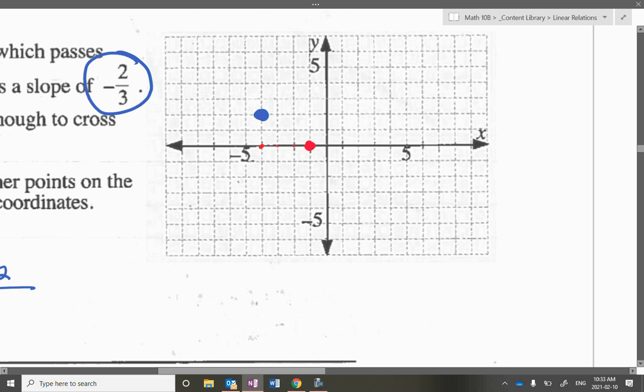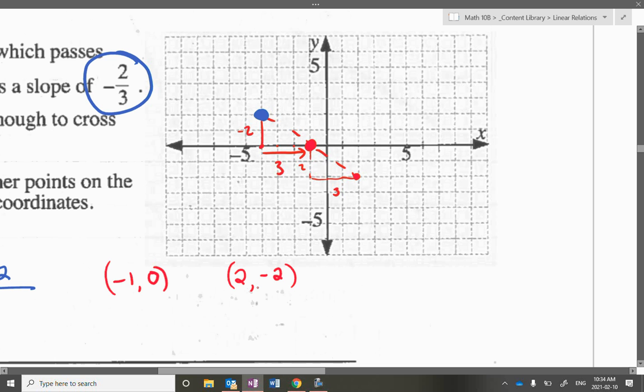So my first coordinate is going to be at (-1, 0). That has a difference of 2 downwards, and then we went 3 to the right. I can do that again. So 1, 2 down, and then 3 to the right: 1, 2, 3. Which gives us a second point at (2, -2).